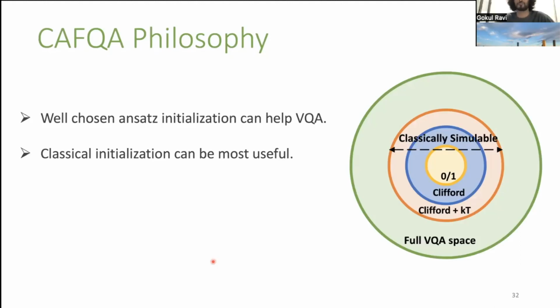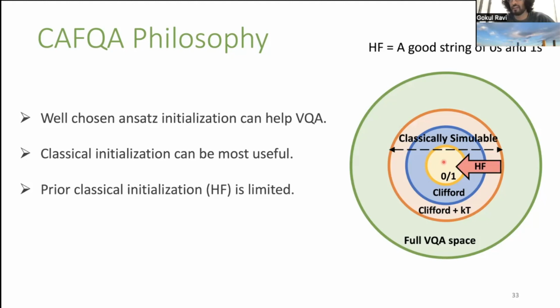To represent this computationally, the philosophy is that we want a good Ansatz initialization to help VQA. And as I described, classical initialization can be useful because it is noise-free. So if you think of this outer green circle as the total quantum space, there is some space within it, these other circles, which are classically simulable. The yellow circle, right in the middle, is just the strings of zeros and ones, so it's just a bit string.